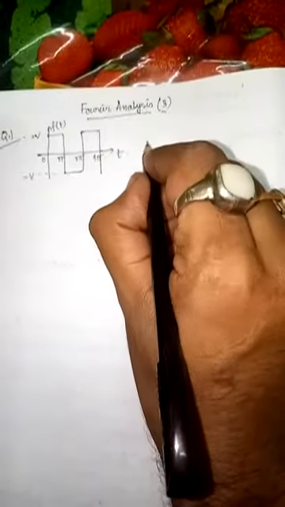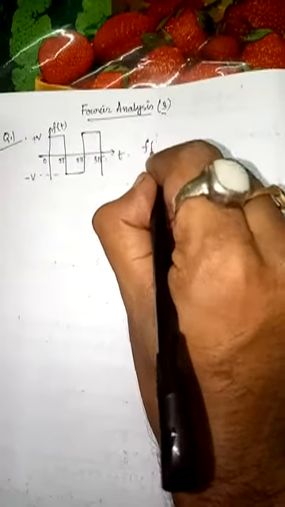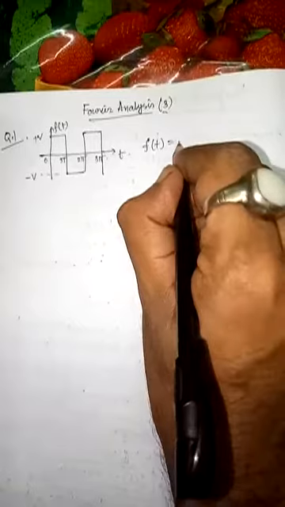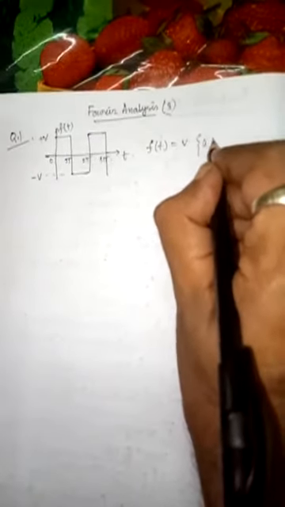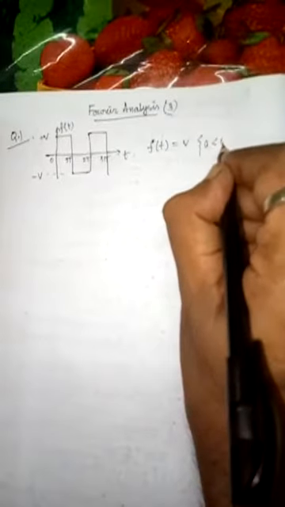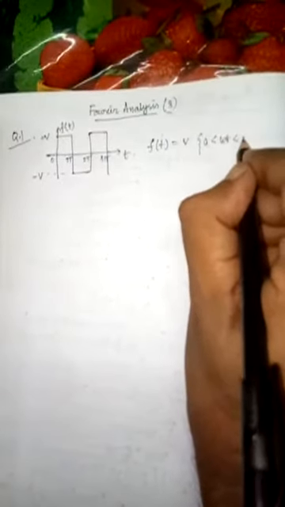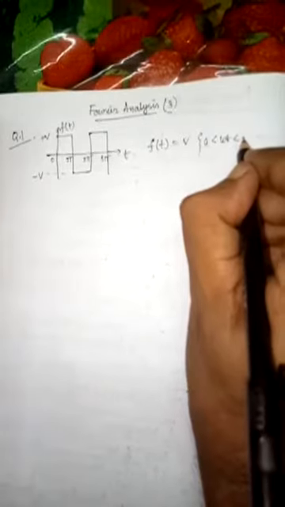So how can I write the expression of this? f(t) equals v for 0 to pi, it is omega t, so it should be omega t.